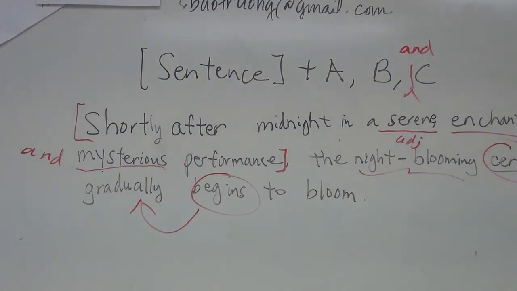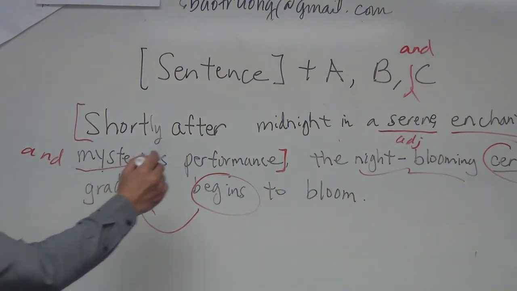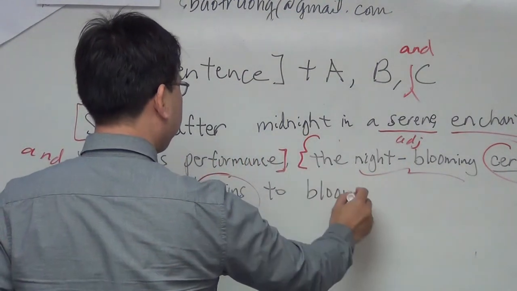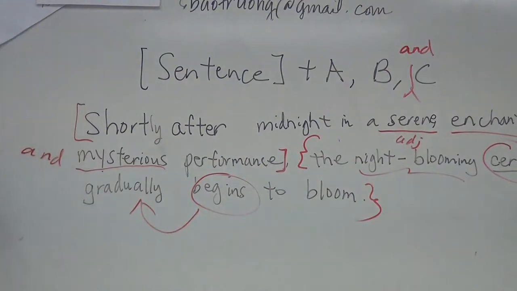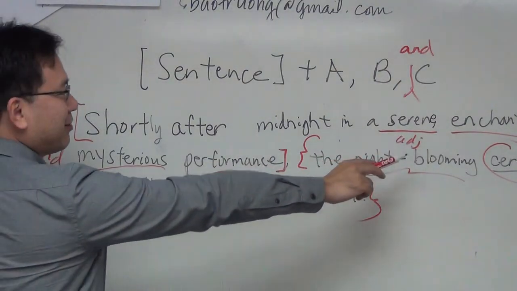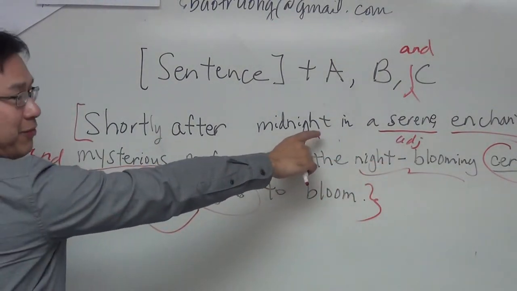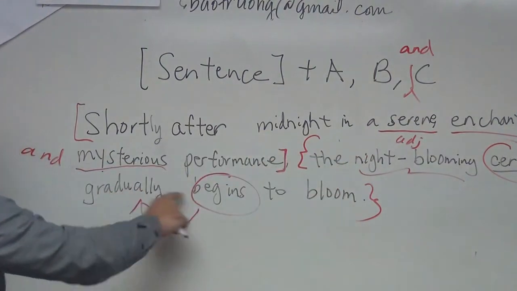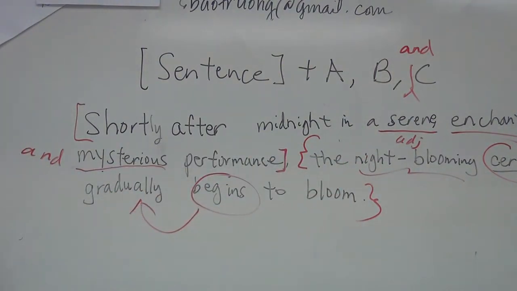So let's pretend this is the sentence. Let's just start from here. The night bloom series gradually begins to bloom. That's the sentence, right? So that's a very easy sentence.